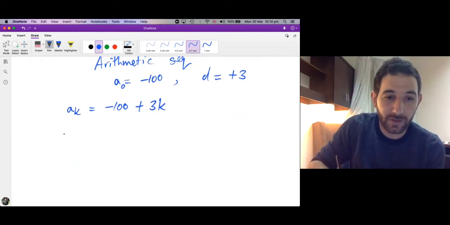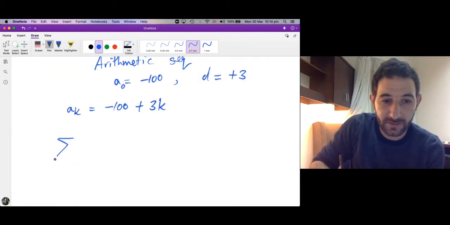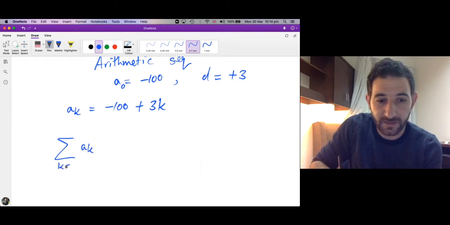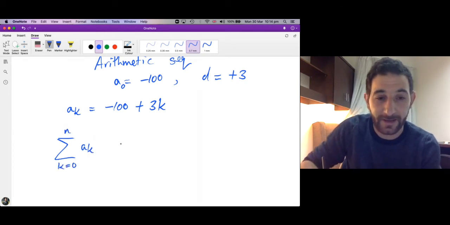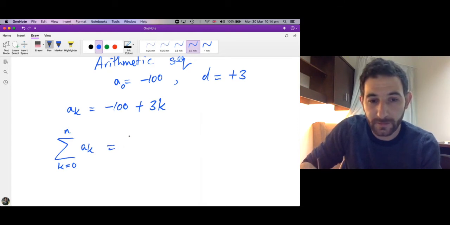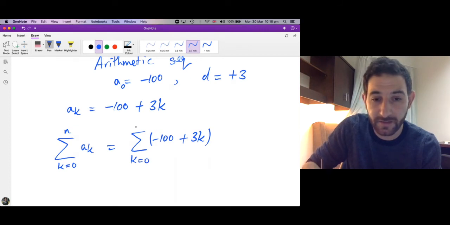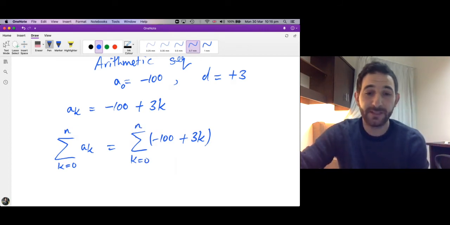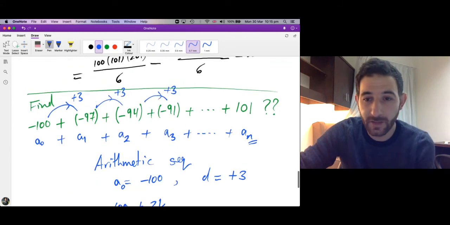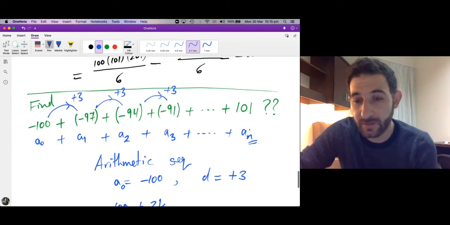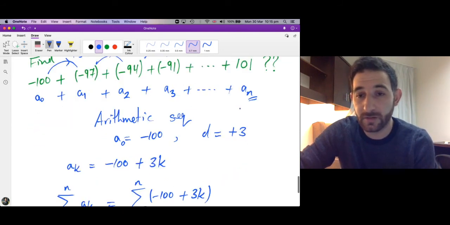So what we are doing here is summing all the ak's where k starts from 0 and ends at n. The summation of ak, which is minus 100 plus 3k, where k starts from 0 and stops at n. So we still need to find n. So an is when the nth term is 101, right?